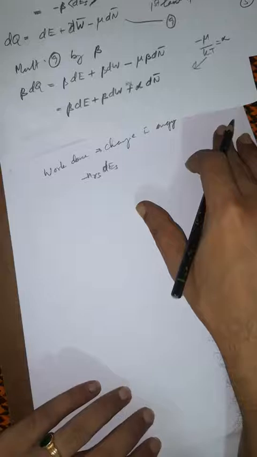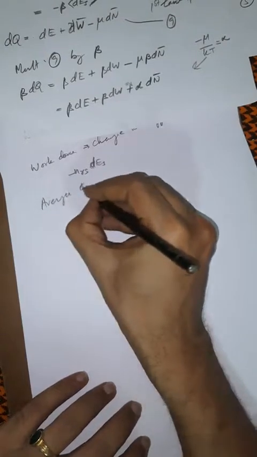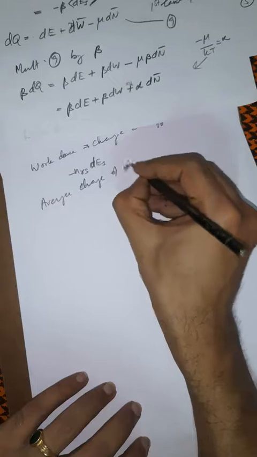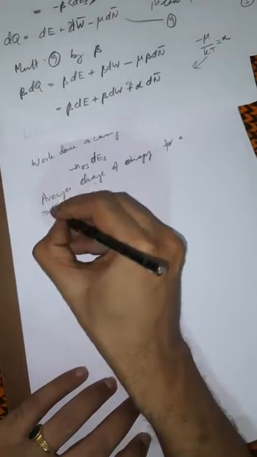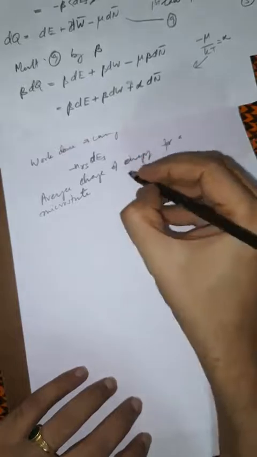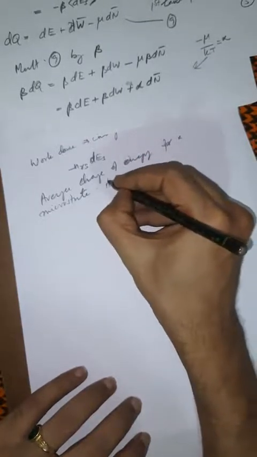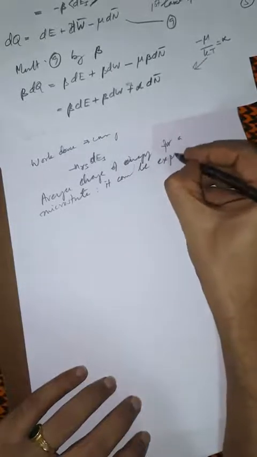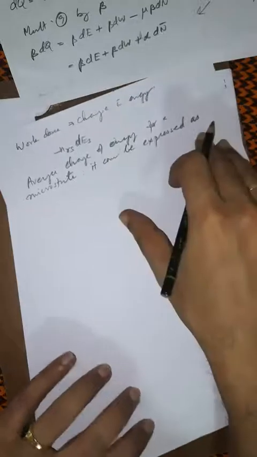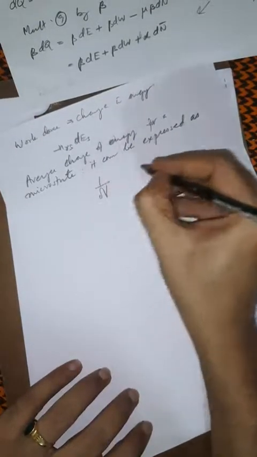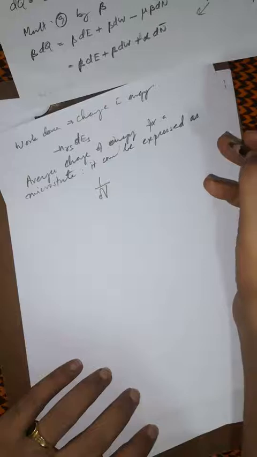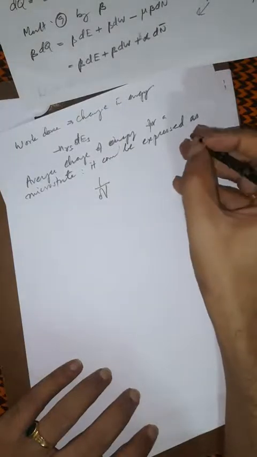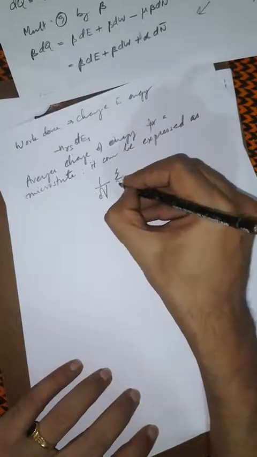So if I take the average change in energy for a microstate, it can be expressed as one by script n, where script n is the number of elements, into sum over rs, right?